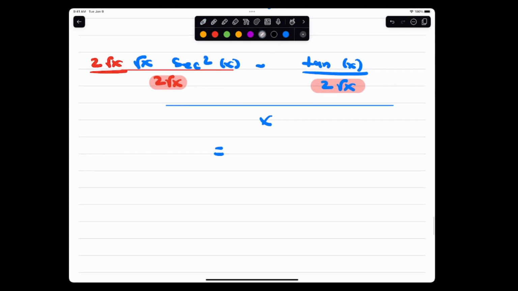And now you've got to know some of this algebra here, right? What's the square root of x times square root of x? Is that x?